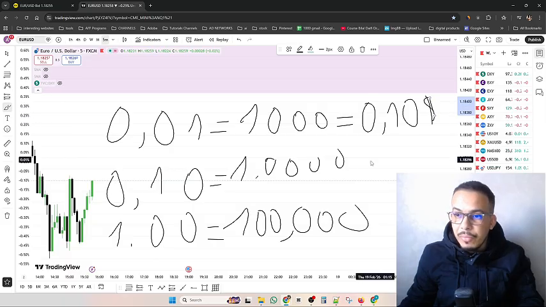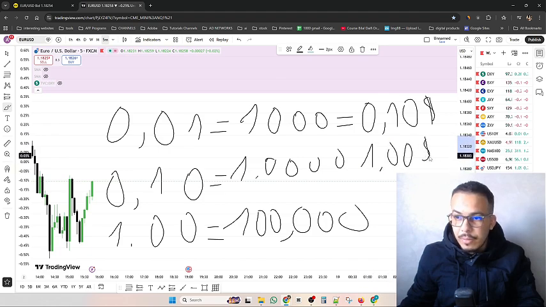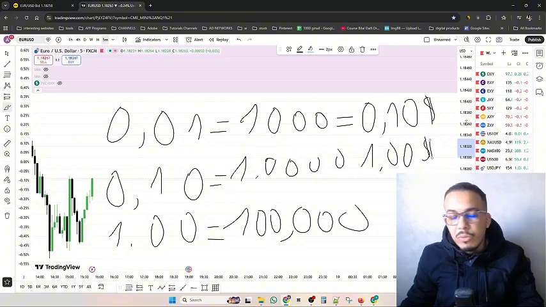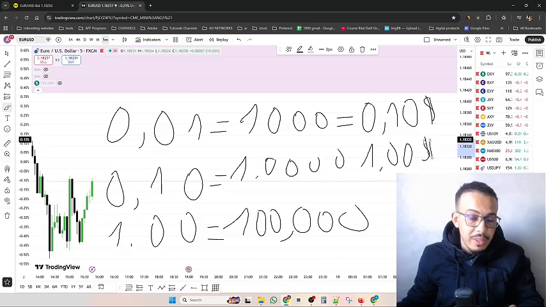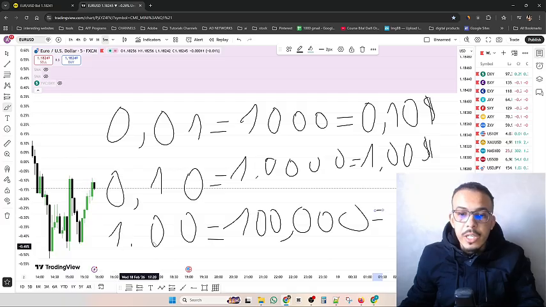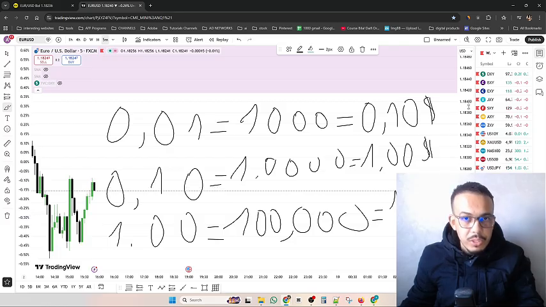Now let's assume, for example, you bought a mini 0.1. Again, the same example, you will make $1 for each pip. From 1840 to 1841, you will make $1. If the price goes up to 1850, that means 10 pips, you will make $10. I think that's obvious. For this one, the standard lot, every 1 pip you will make $10. So if the price moves from 1840 to 1841, you will make $10.